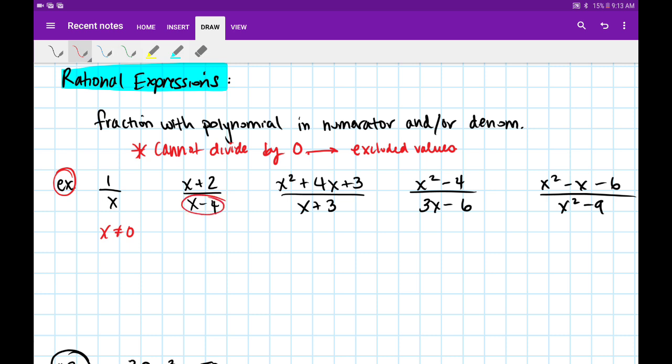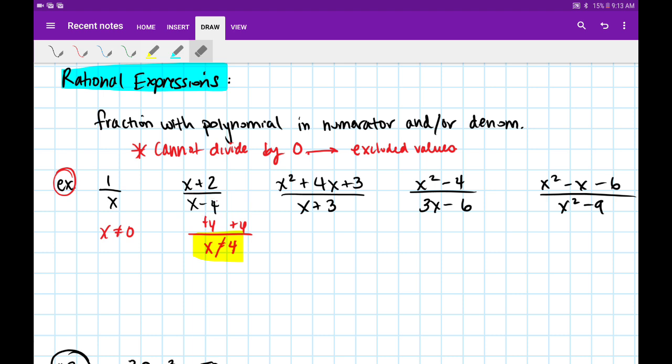What value of x will make the denominator equal to 0? Well, I can actually set it equal to 0. We can do the math and see. Solving for x. So if x equals 4, that makes this expression equal to 0, which is not allowed. So I'm going to exclude x equals 4. This is my excluded value.